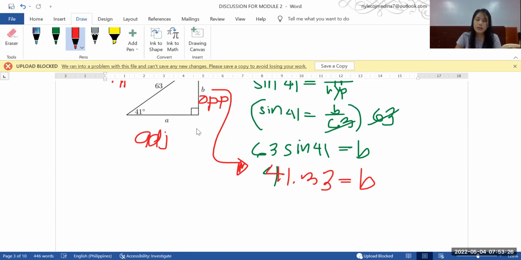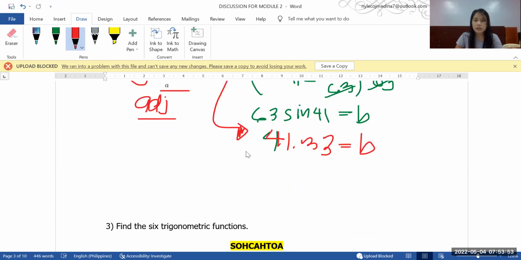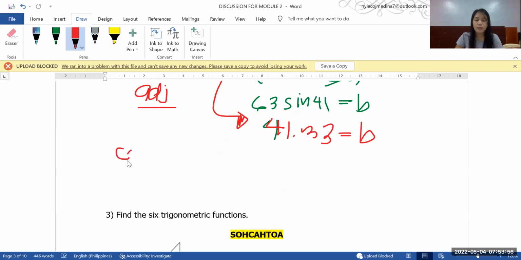Makukuha natin si A using two possible ways. Ang una ay ganito lang din. So alam natin na ang given ay ang hypotenuse and then this one. So for you to get the value of A, gamitin natin ang SOHCAHTOA na gumagamit ng hypotenuse at adjacent. Ang gumagamit ng hypotenuse at adjacent ay si C, which is C stands for your cosine theta.